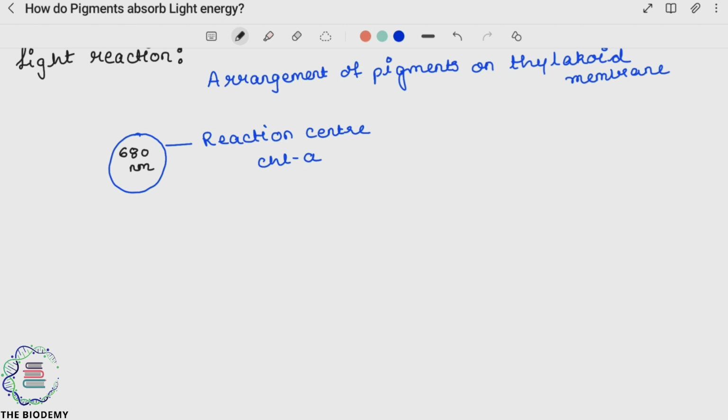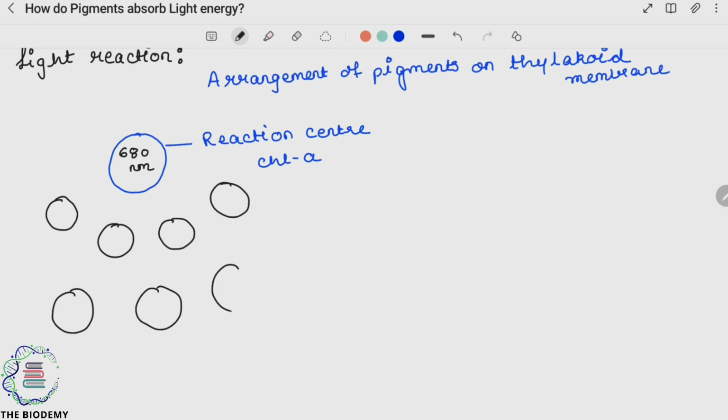Then we have several antenna pigments which are present surrounding this reaction center chlorophyll A. They will be arranged on the membrane of thylakoid, something like this.